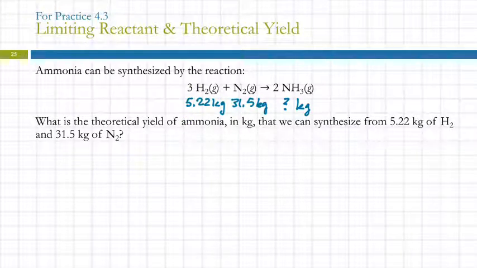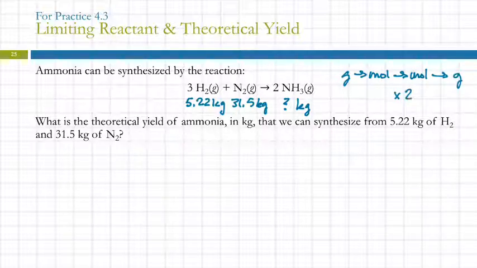In a separate calculation, I'm going to find out how much product I can make from 31.5 kilograms of nitrogen. I'll end up with two answers, and I just choose the smaller one. So that's the overall idea. So grams to moles to moles to grams. I'm going to do that twice.